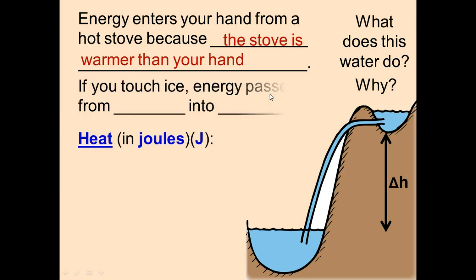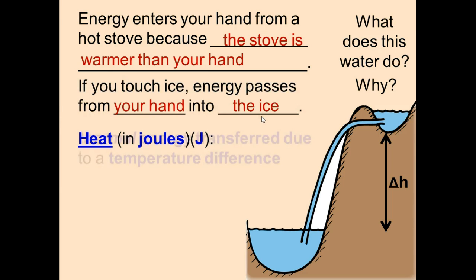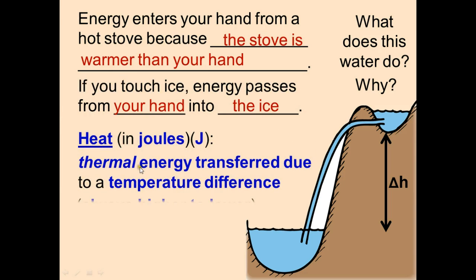But if you had an ice cube in your hand, the energy passes from your hand into the ice because your hand is warmer than the ice. So always remember, heat flows from hot to cold. And heat is thermal energy transfer due to temperature difference.